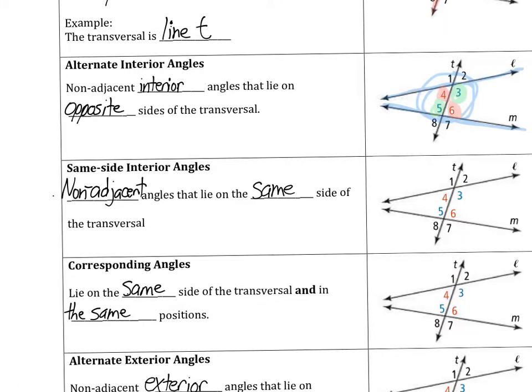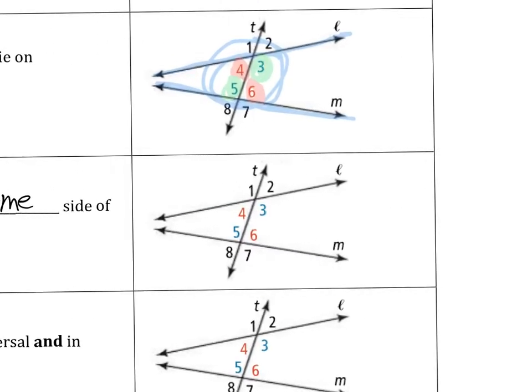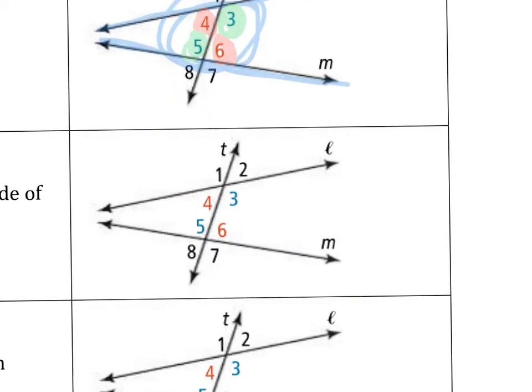Same side interior angles are non-adjacent angles that lie on the same side of the transversal. So, very first thing that I'm looking at, we said same side interior, right? So first off, where are my two lines? I'm looking at these two. I want interior, so that tells me I'm only looking at these four in the middle. And I want same side of the transversal.